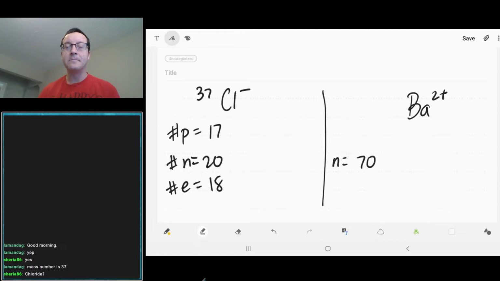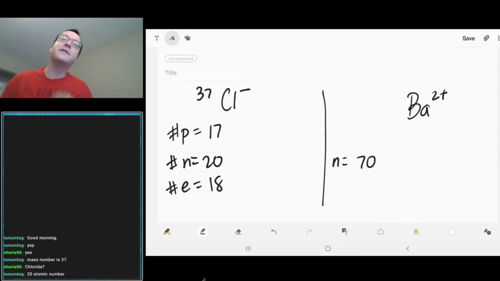Okay, so we've got some of the stuff here. Now, Sherry, out of curiosity, did you know that this would be chloride or chlorine? Out of curiosity. And with that one, I'm going to disagree with you that 20 is the atomic number.